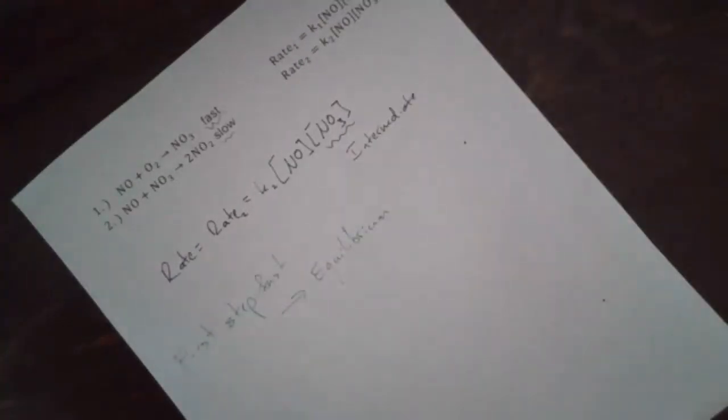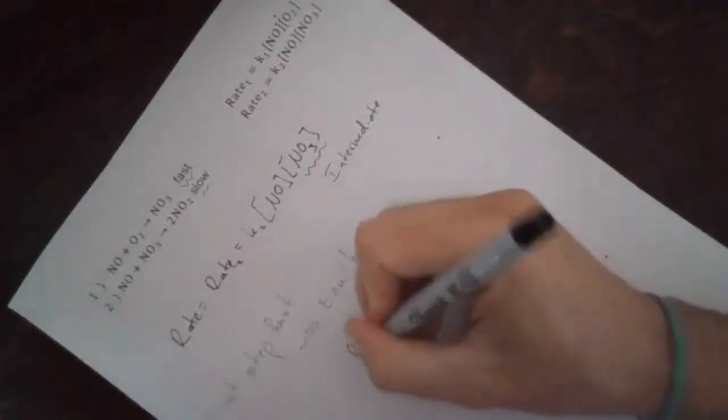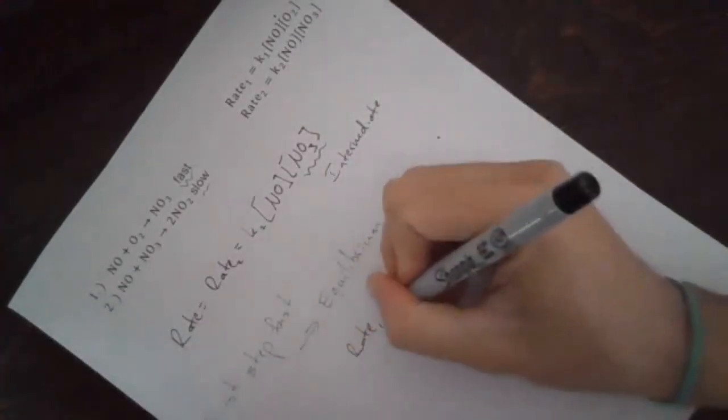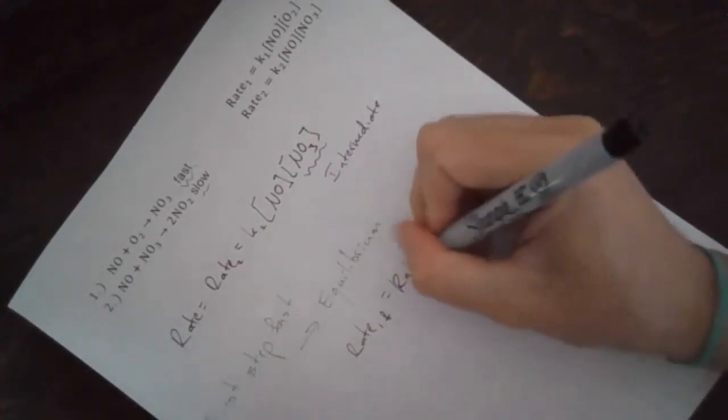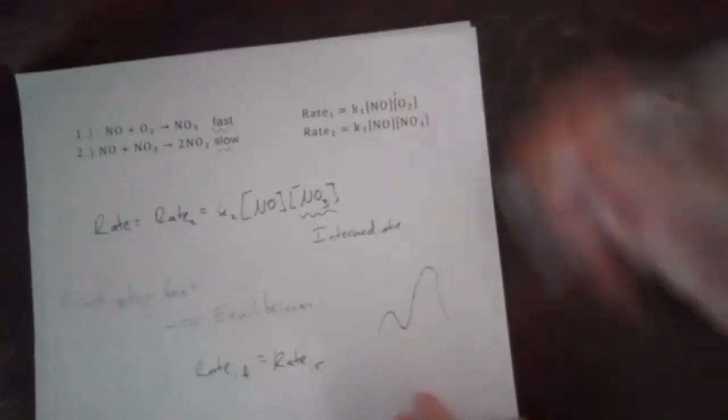And what that idea of equilibrium means is that for this rate 1, the rate 1 forward is equal to the rate 1 reverse. We have this idea that our barrier, our energy diagram, looks like this.